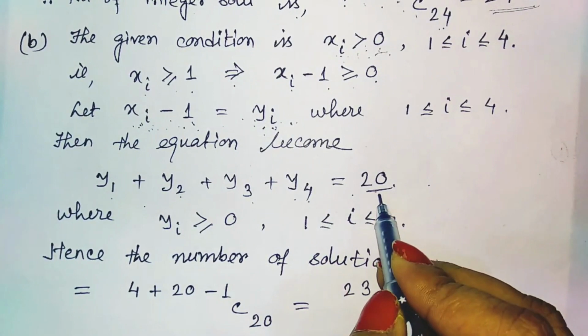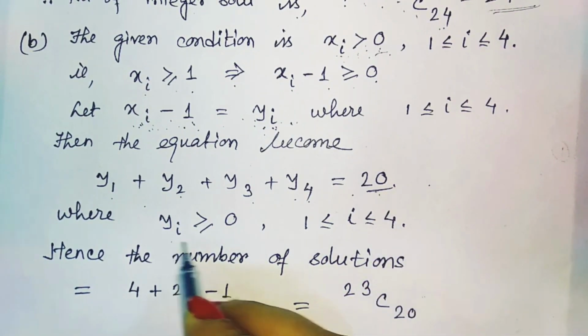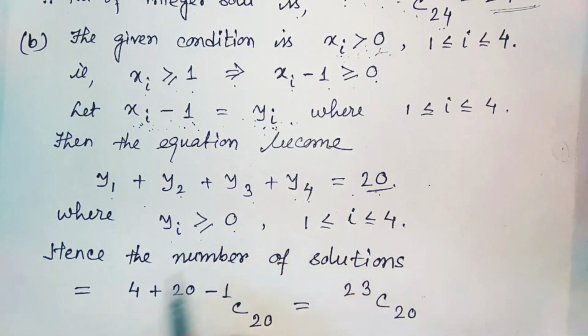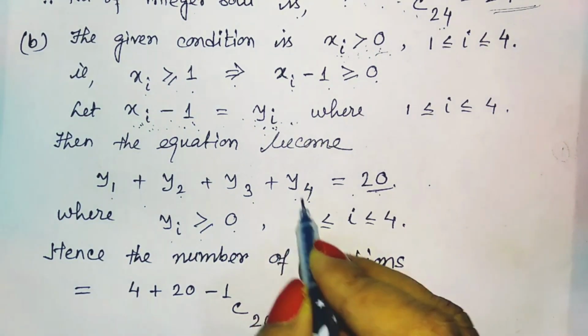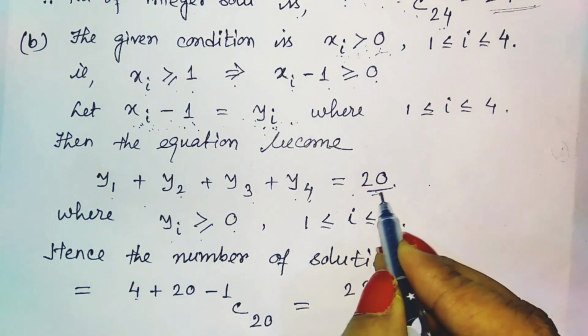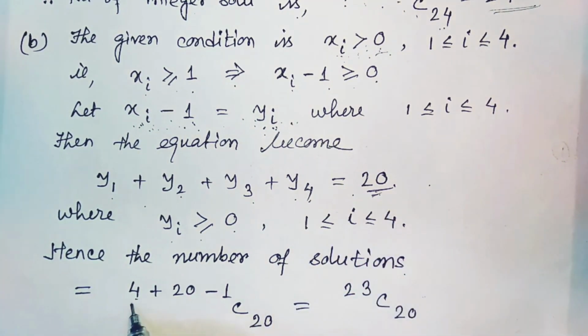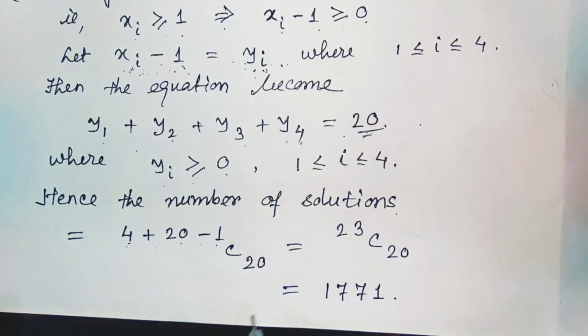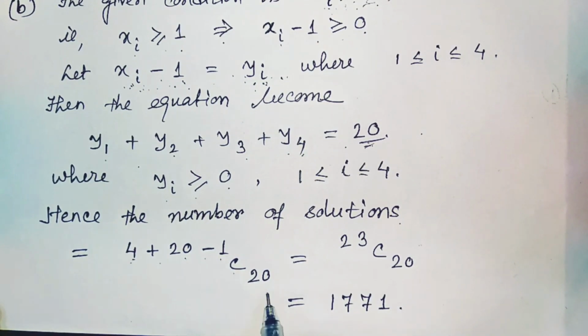Now this is our new equation, where all yi's are greater than or equal to 0. Hence the number of solutions, with small n equal to 4 and capital N now 20, is 4 plus 20 minus 1 C 20, which is 23 C 20. If we simplify, we will find the answer.